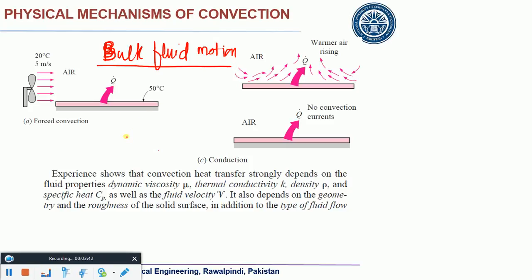We talked about the governing principle, I hope you remember. That was what? Newton's law of cooling. So that was the governing principle for convection. Newton's law says that Q dot, the heat transfer rate, would be h A_s (T_s minus T infinity).